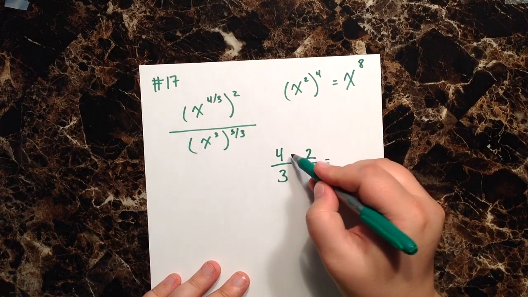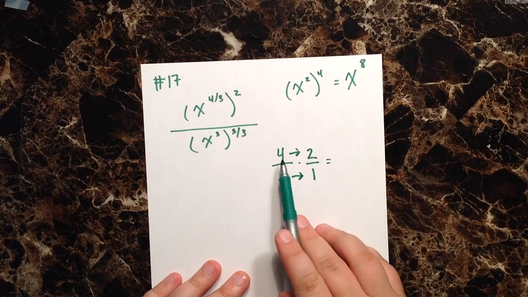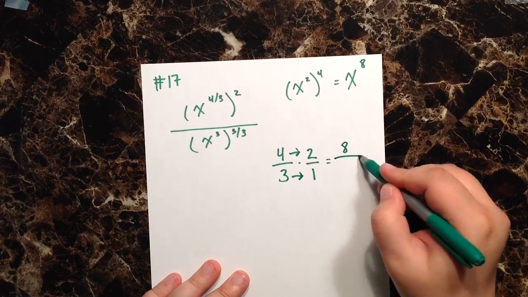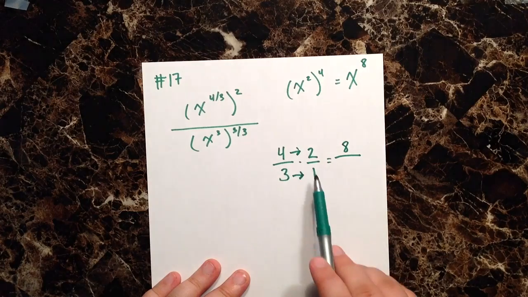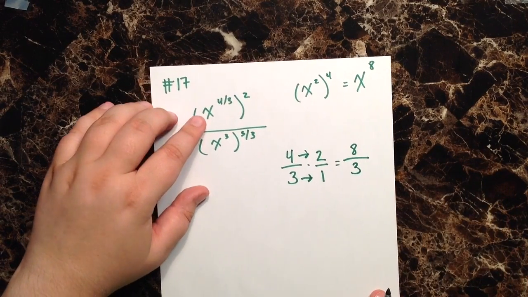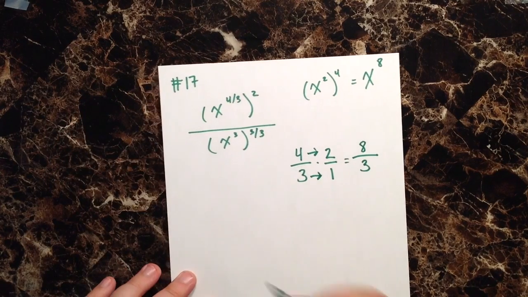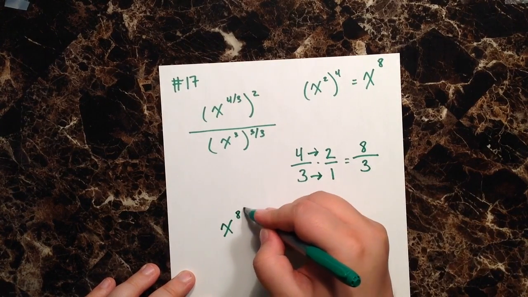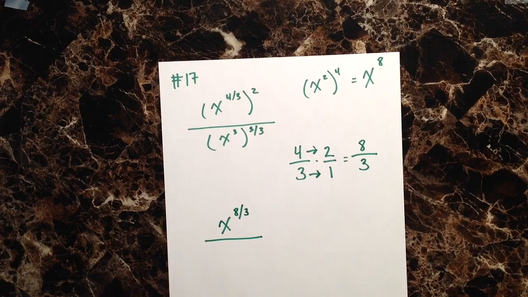We just go from left to right, straight across. 4 times 2 gives me 8, and for my denominator, 3 times 1 gives me 3. So when I raise x to the 4/3 to the 2nd power, I get x to the 8/3, and that is my simplified numerator.